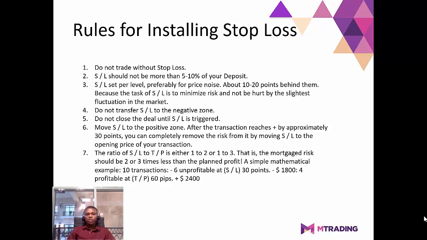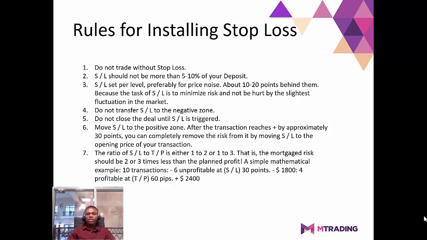That is important because anything can happen in the market anytime, so you don't want to be a victim of these things which can happen anytime in the market. Number two, stop loss should not be more than 5 to 10% of your deposit. What do I mean by this?